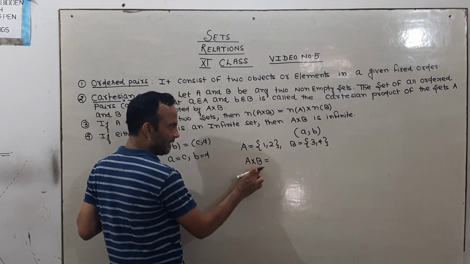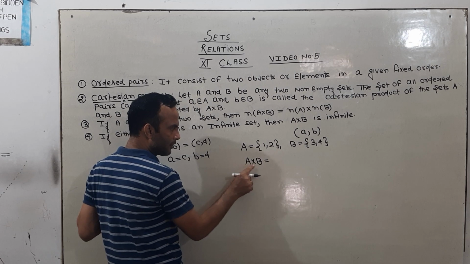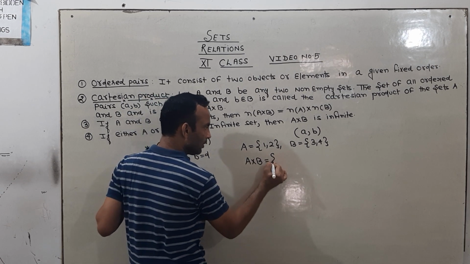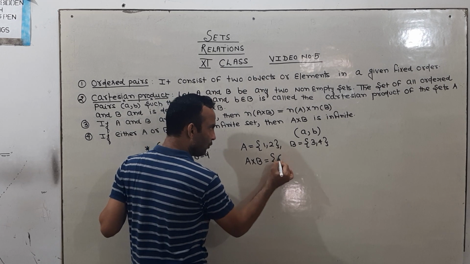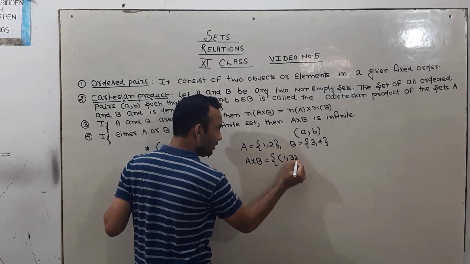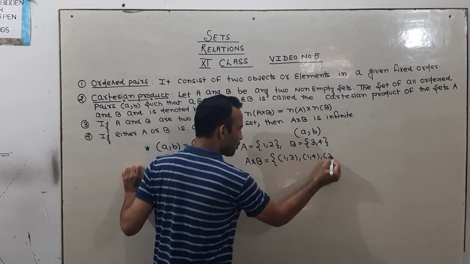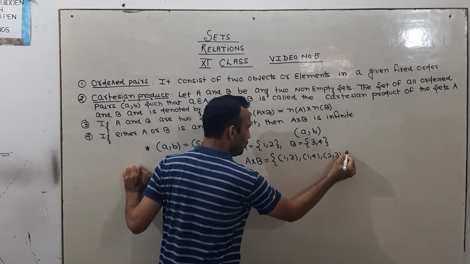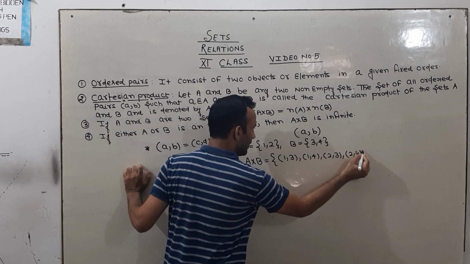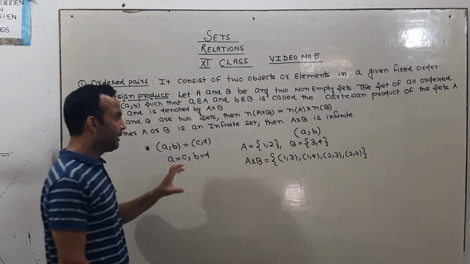The Cartesian product between A and B, denoted by A cross B, is what? We have to write in ordered pairs: (1, 3), (1, 4), after that (2, 3), (2, 4).